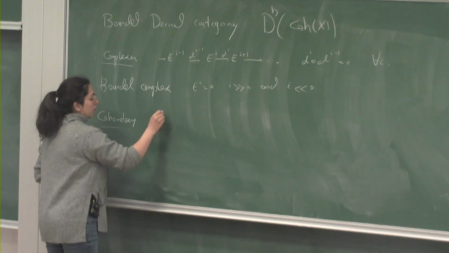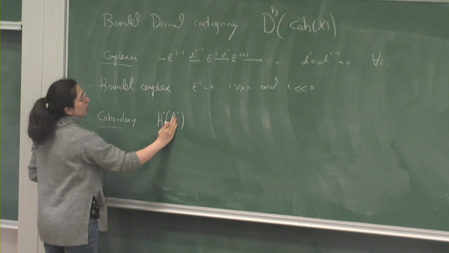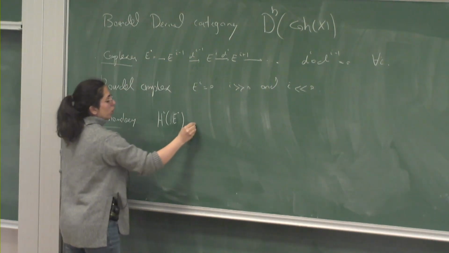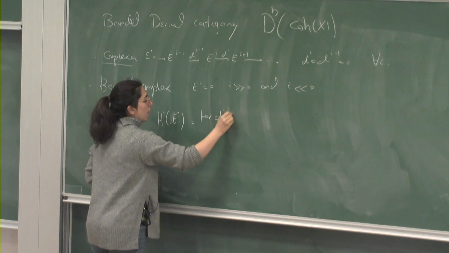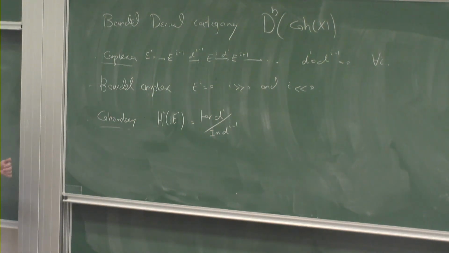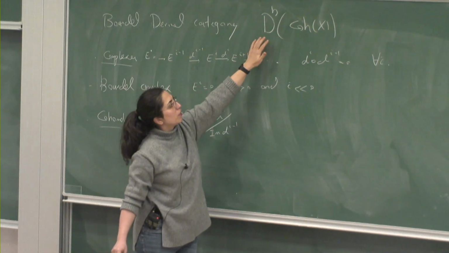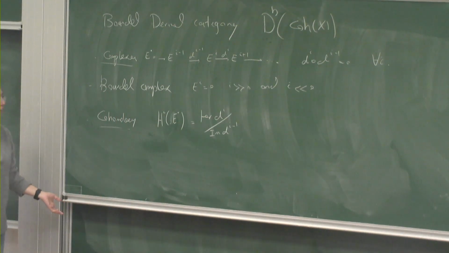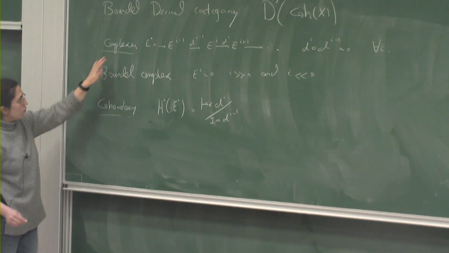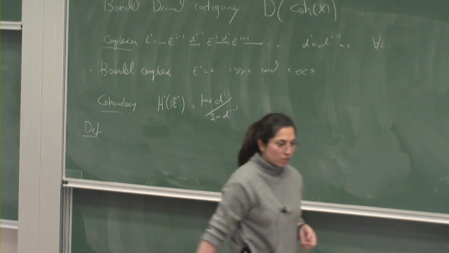That's why I can define H^i of this complex A^•, or maybe E^•, to be the kernel of d_i over the image of d_{i-1}. That's basically the whole information that we care about when we go to this bounded derived category of coherent sheaves. That's why we define the notion of quasi-isomorphism between two complexes.